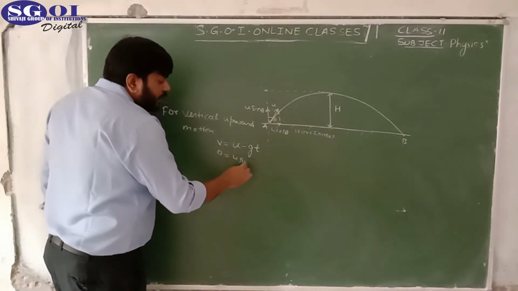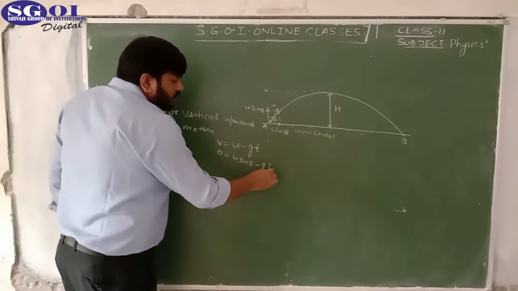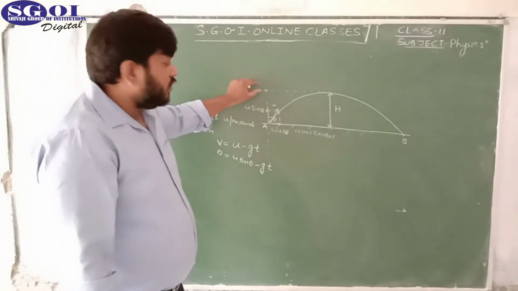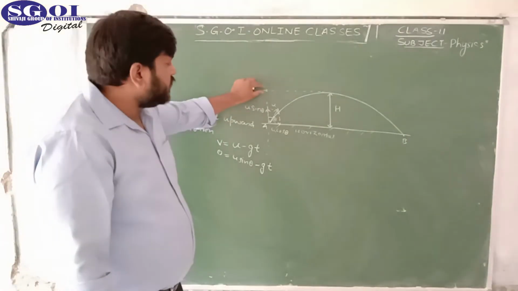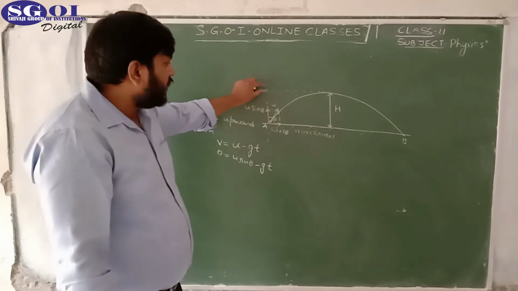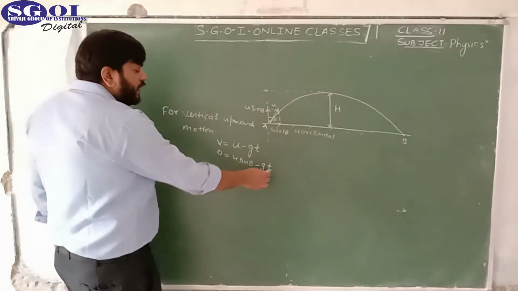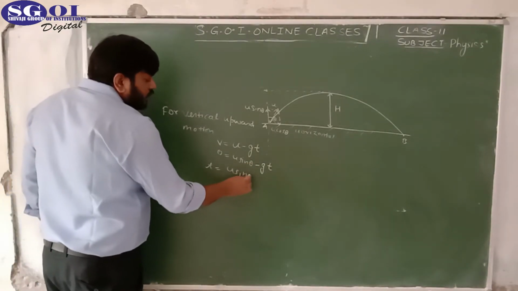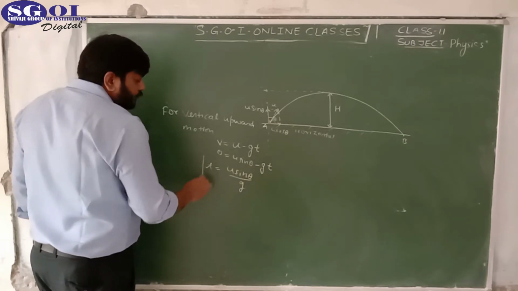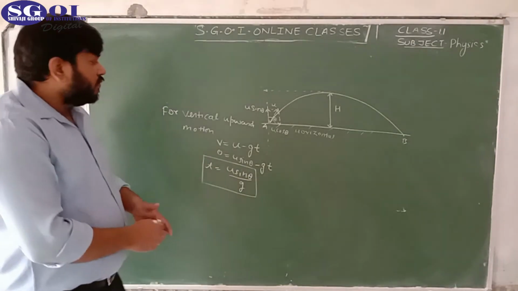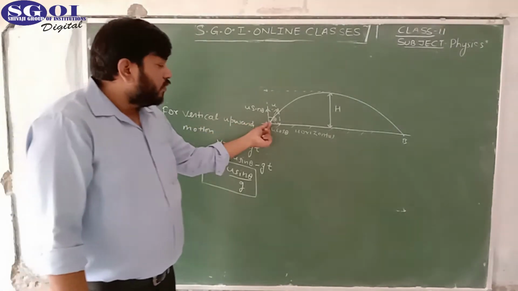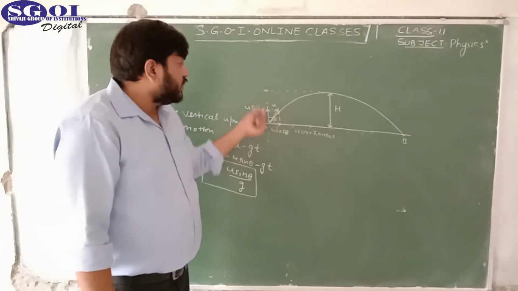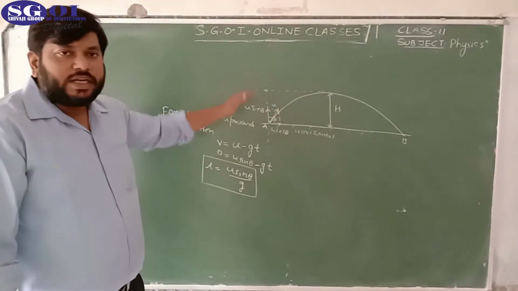So in place of u, it is u sin theta, minus g t, and this t is the time which the object would take for reaching this height. From here we will find t equal to u sin theta upon g. This is the time for the upward motion, the time taken by the object to cover the vertical height h on one side.